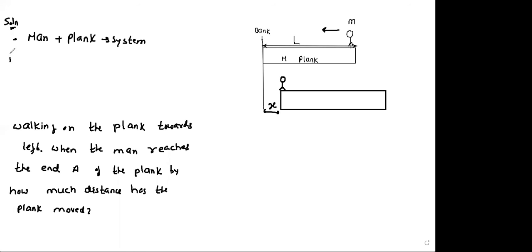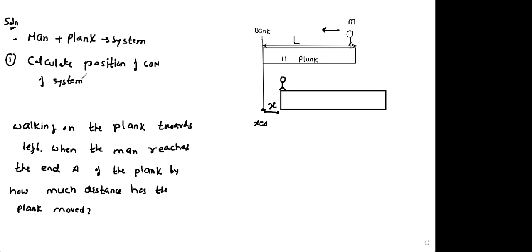If I divide this problem into parts, then the first part is to calculate the position of the center of mass of the system. See the bank, this is the bank, x equal to 0. Take origin at the bank. Solve the first part.